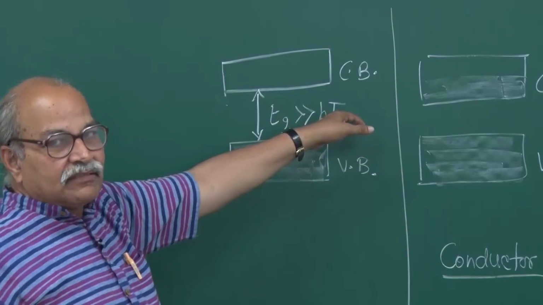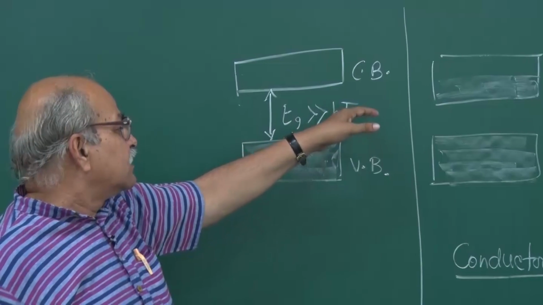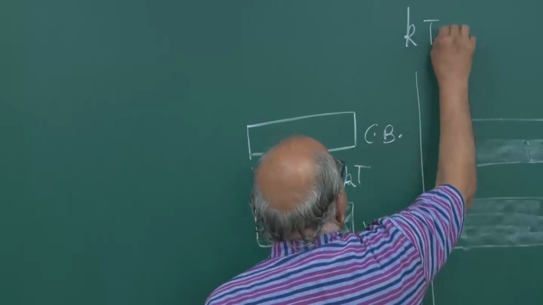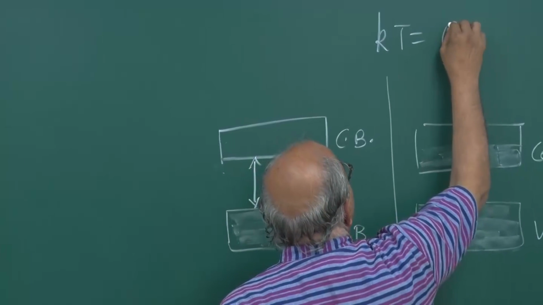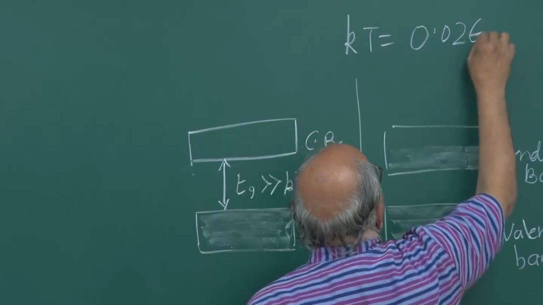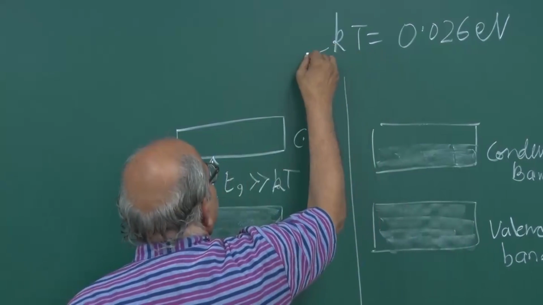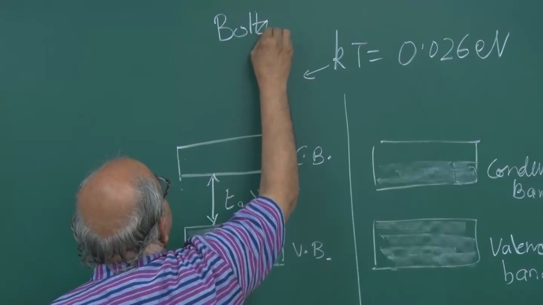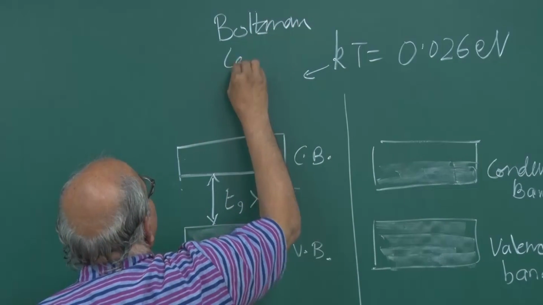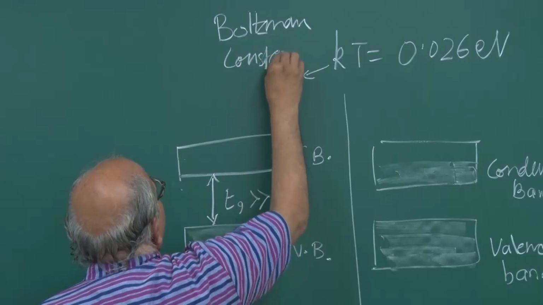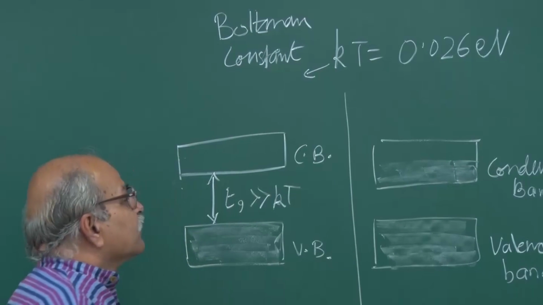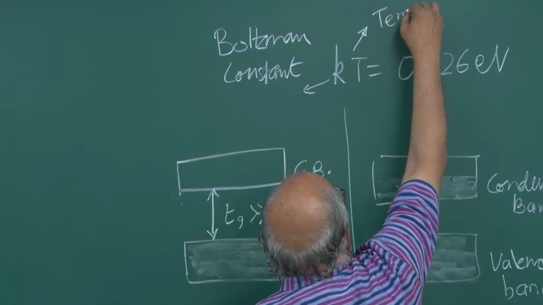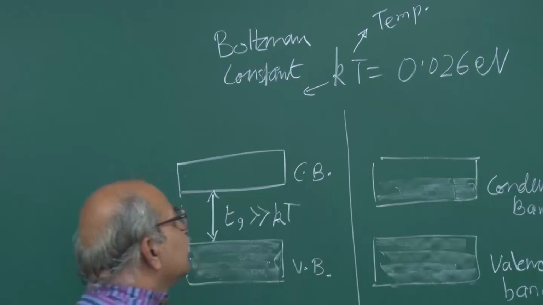Normally we work at around room temperature, and at room temperature this kT, as I told earlier, is 26 milli-electron volt or 0.026 eV. This k is Boltzmann constant, and T is the temperature in absolute scale, in Kelvin.